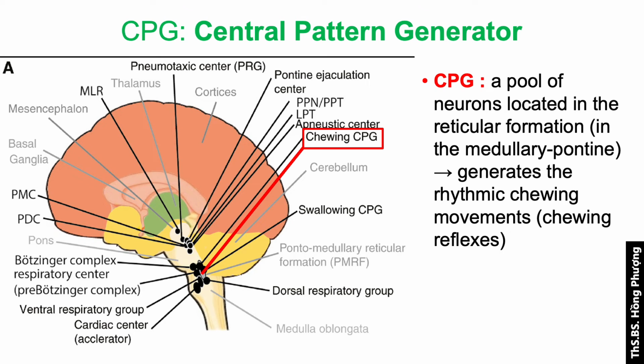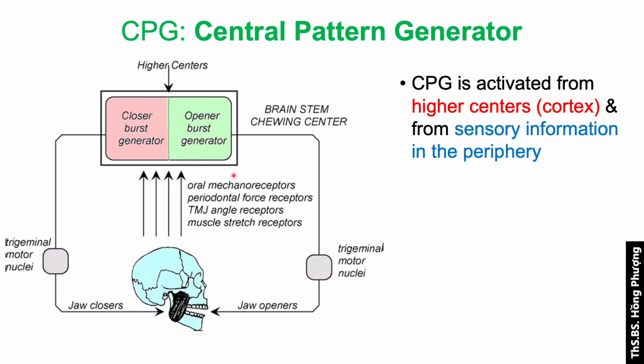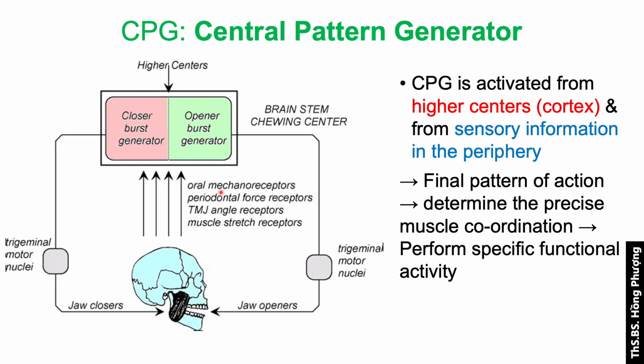This is called the chewing reflex. When the central pattern generator is activated from the higher center and from the sensory information in the periphery, it will create the final pattern of action, which determines the precise muscle coordination to perform a specific functional activity.